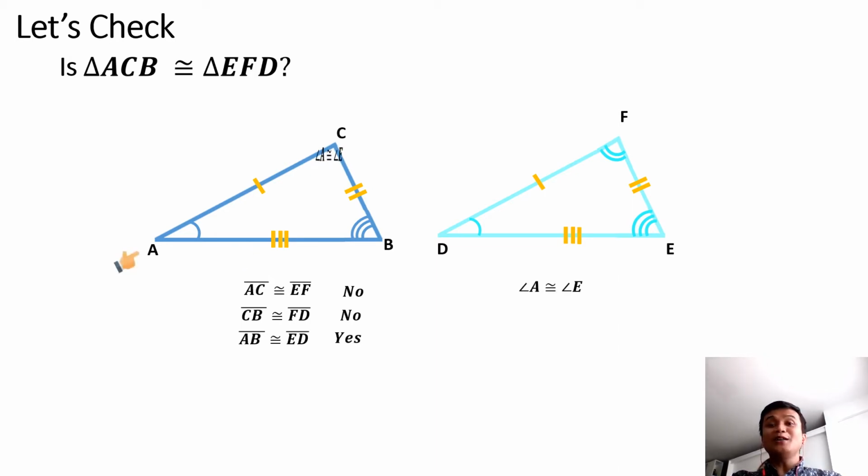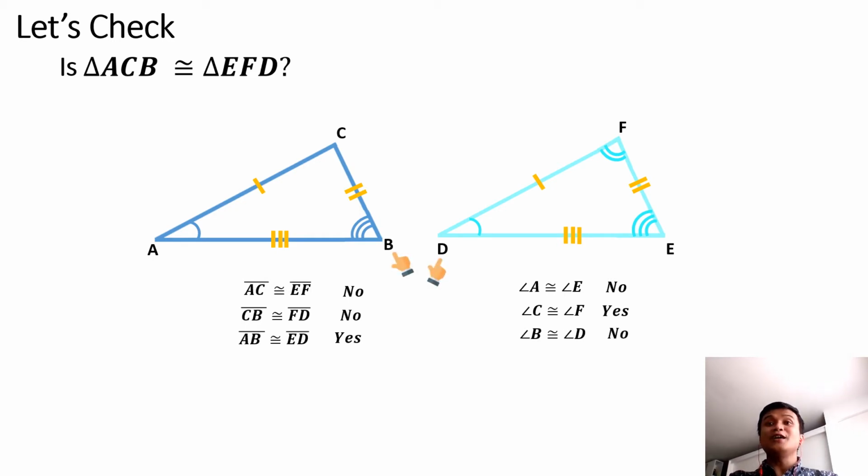How about angle A and angle E? Are they congruent? The answer is no. How about angle C and angle F? Are they congruent? Yes. And lastly, angle B and angle D. Are they congruent?